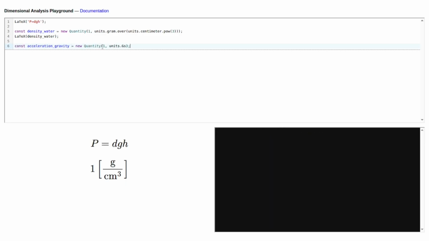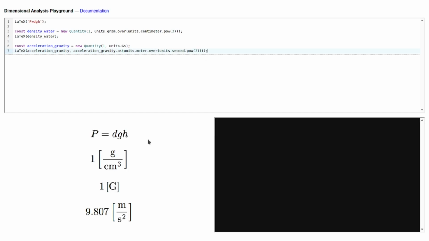And so I've defined it here as 1g, and I'm going to display it the same way. If we want to verify that it is about 9.8 meters per second squared, I can do that same thing with the .as function. And here we have it. 1g is about 9.807 meters per second squared.